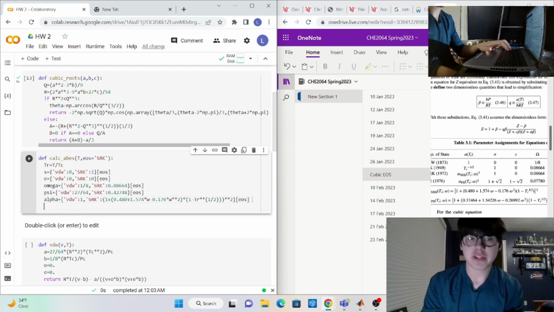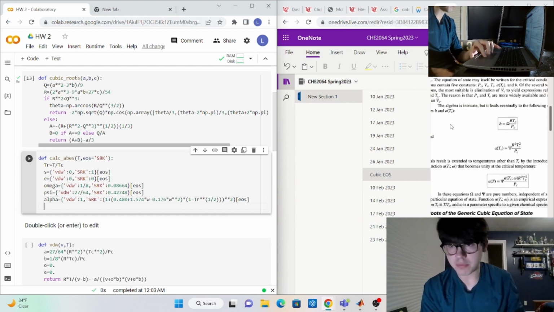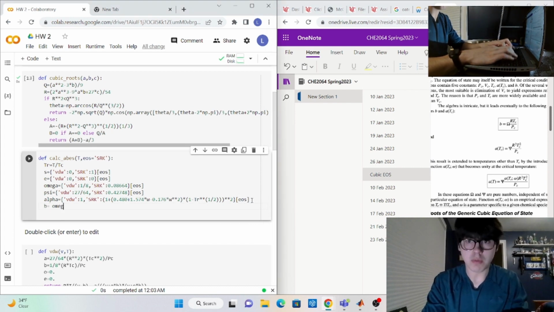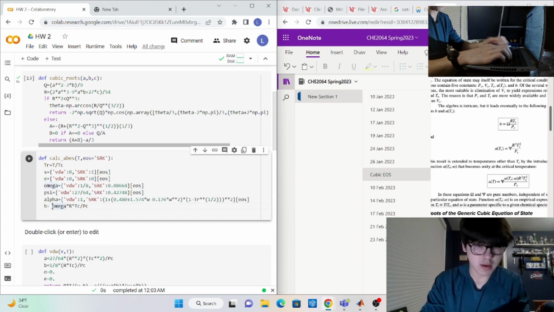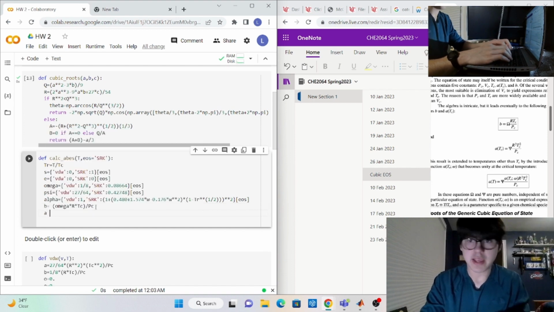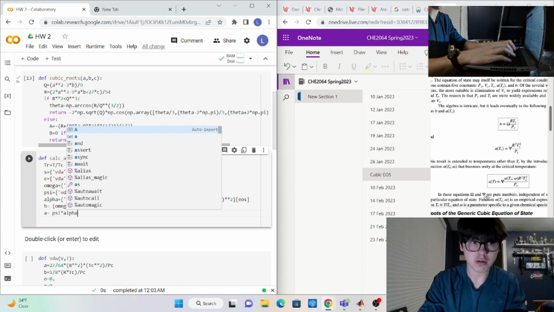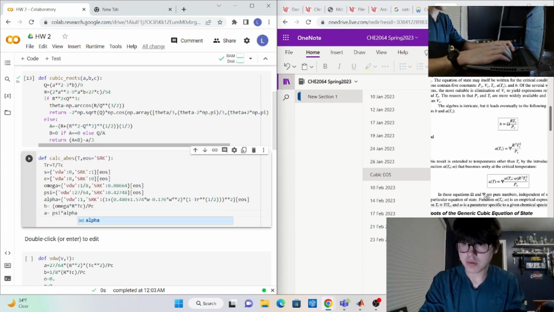And we also need to find A and B here. So B is equal to omega times R times TC divided by PC. And let's put this in parentheses because I don't know if that syntax will work. And then A is equal to this expression here, which is psi times alpha times R squared times TC squared.